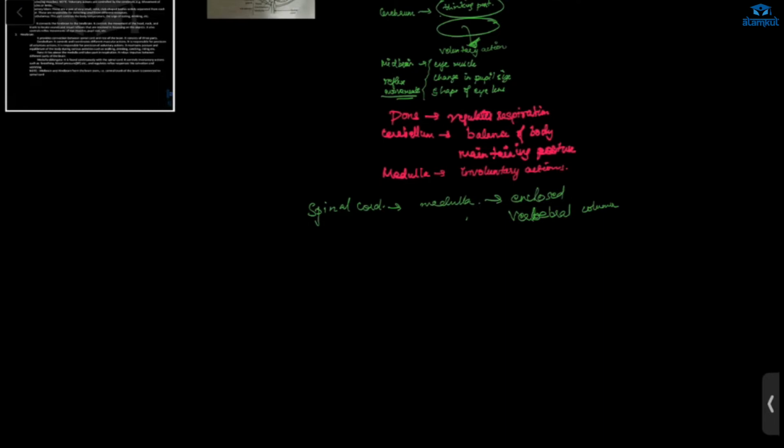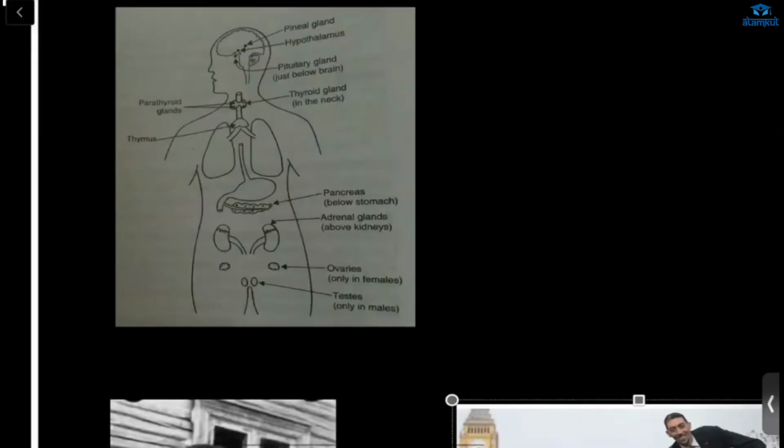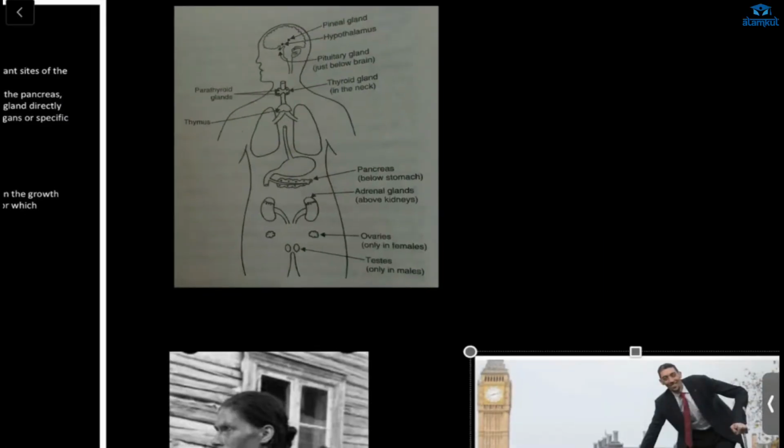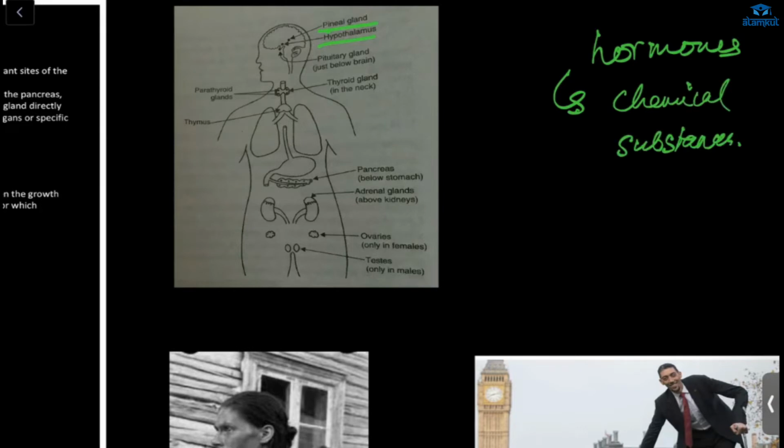Then we'll talk about the hormones. There are different types of hormones, like pineal gland and hypothalamus hormones. What are they? Chemical substances. In the nervous system, information can go only through the neurons, both to sense and for the instruction.